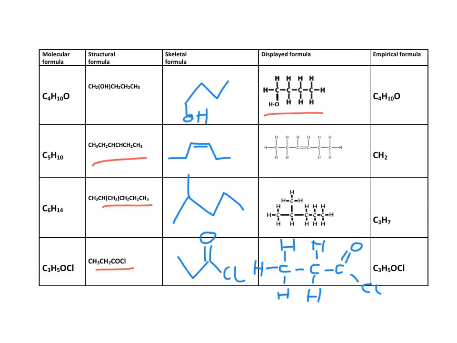So here are the answers to those types of formulae questions. I've underlined in red the ones that you were given and completed the blank boxes. So hopefully you can see where you've got them all right. For some, the molecular formula and the empirical formula will be exactly the same. For others, it will be different. So, for example, C5H10 can become CH2.